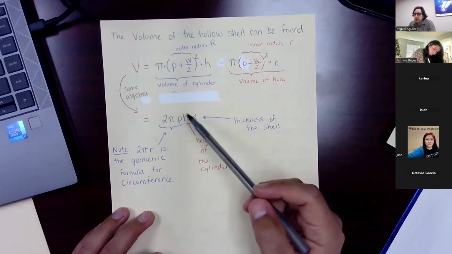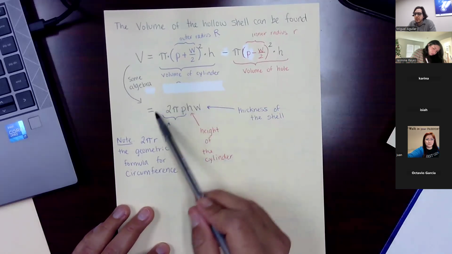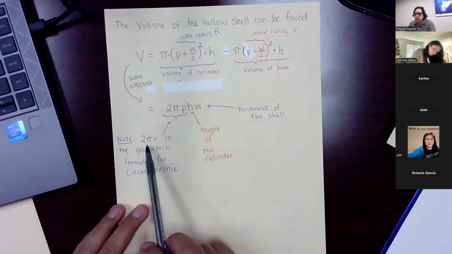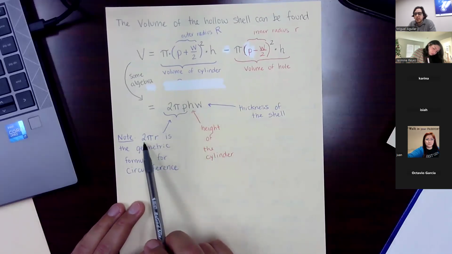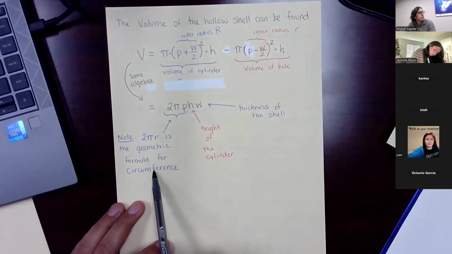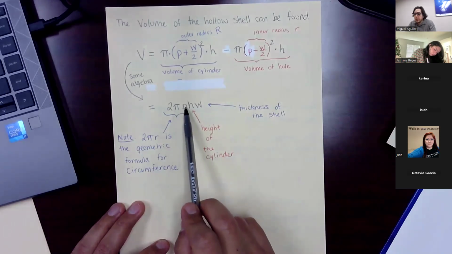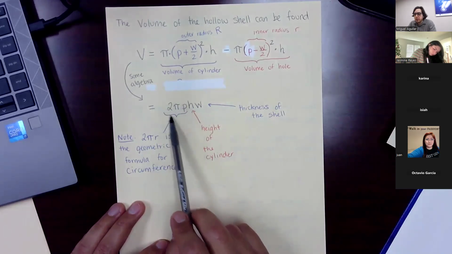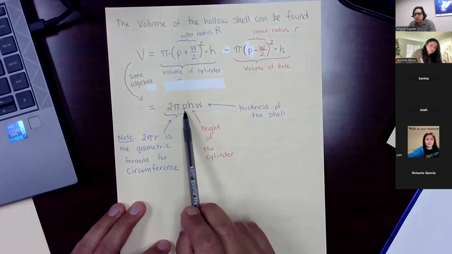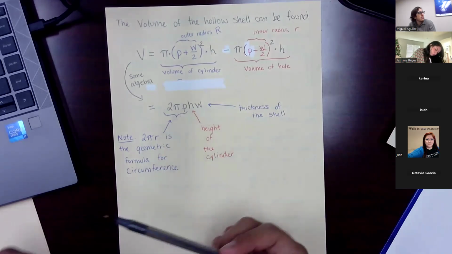Okay. But then if we look at this simplified formula, what this really is saying, if you recall your basic geometry formulas, if we're thinking about just a circle, 2 pi r is the formula for just the circumference of the circle. So really, for these shells that we're going to be talking about, we have the circumference of the circle where p represents the average radius, right?